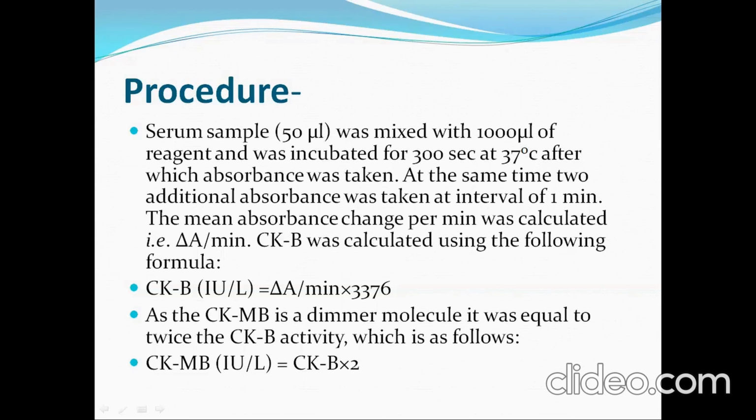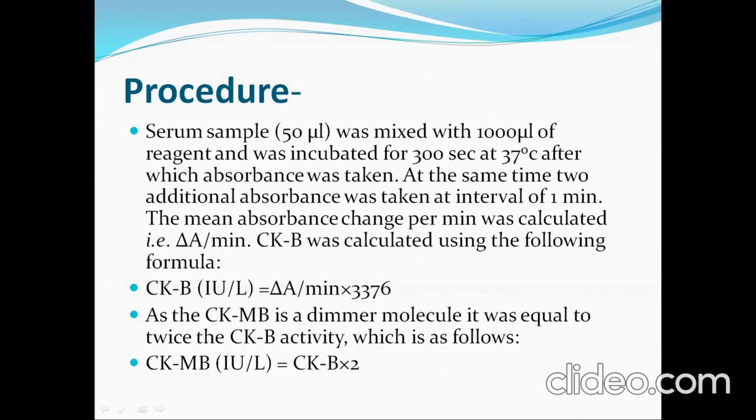After which the absorbance was taken. At the same time, 2 additional absorbances were taken at the interval of 1 minute. The mean absorbance change per minute was calculated, and that is delta absorbance per minute.